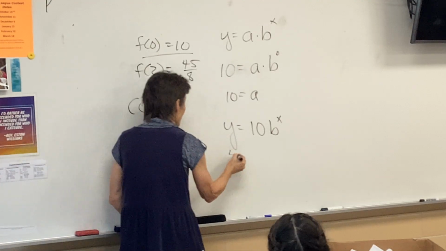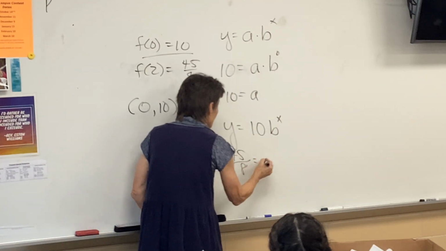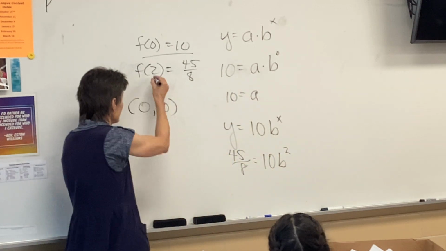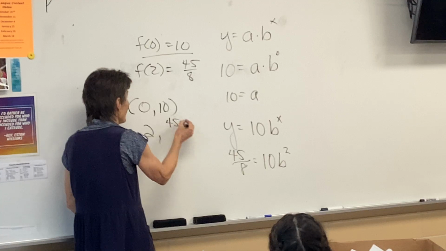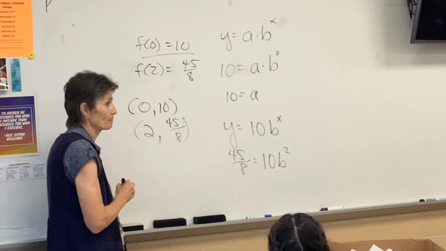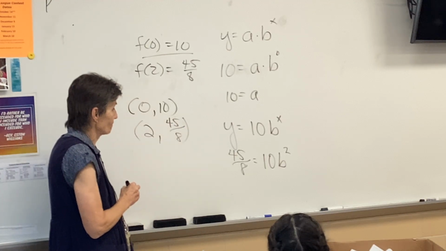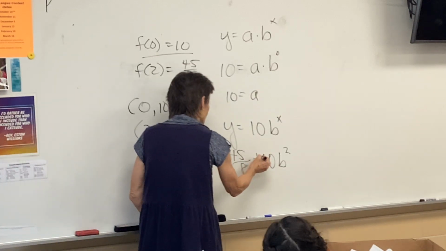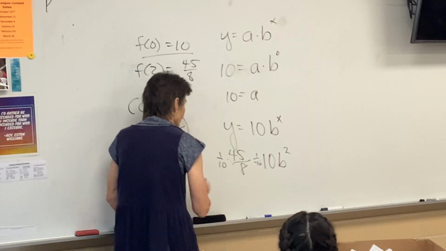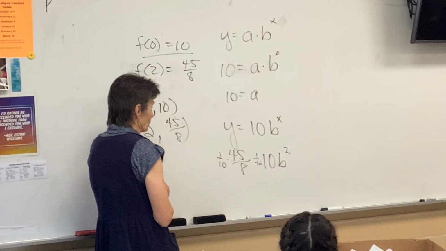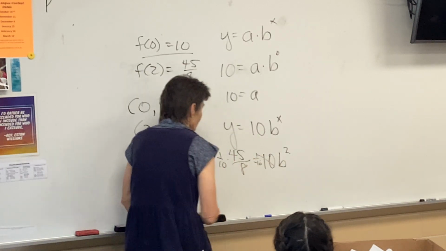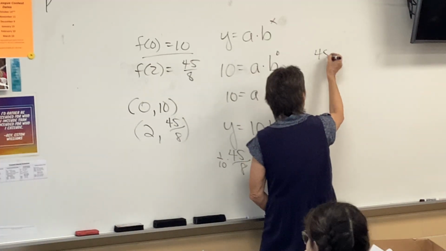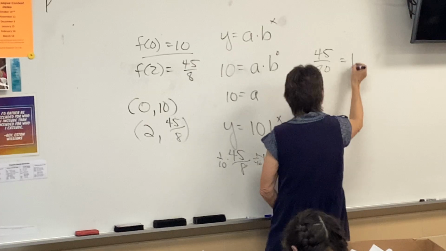So 45 over 8 equals 10 B to the second, because this is the point 2 comma 45 over 8. Maybe multiply by 1/10. Get rid of that. So I have 45 over 80 equals B squared.